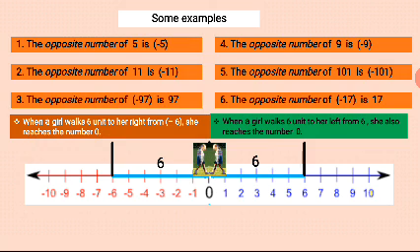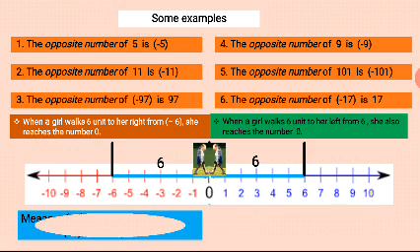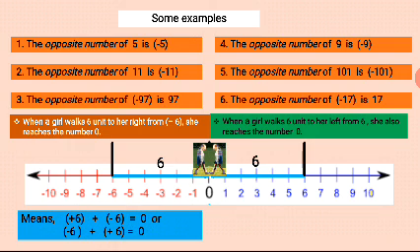This means one girl walks from -6 to 0 and the second girl walks from +6 to 0. Means +6 plus -6 is equal to 0, or -6 plus +6 is equal to 0.